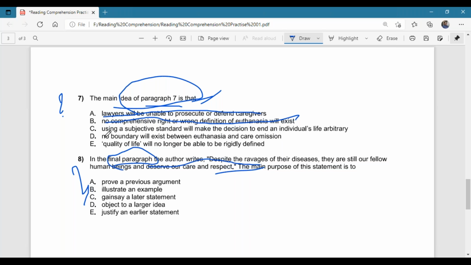What do you think is the right answer among the three options? Can anyone guess the answer?